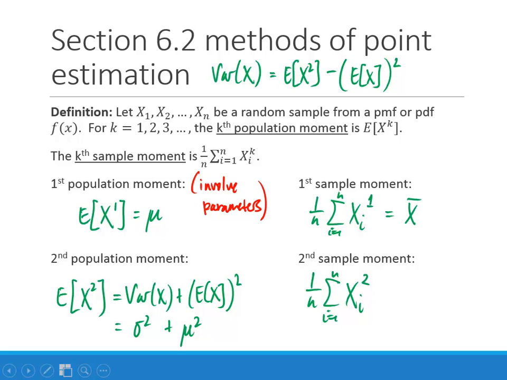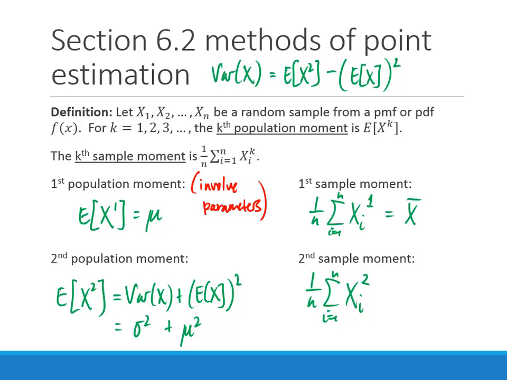The expected value of x to the first power is just mu, a parameter. The expected value of x squared involves sigma squared and mu. That will always be the case.